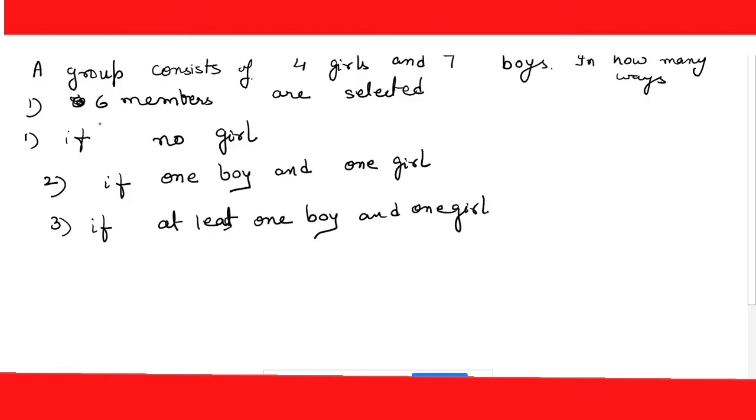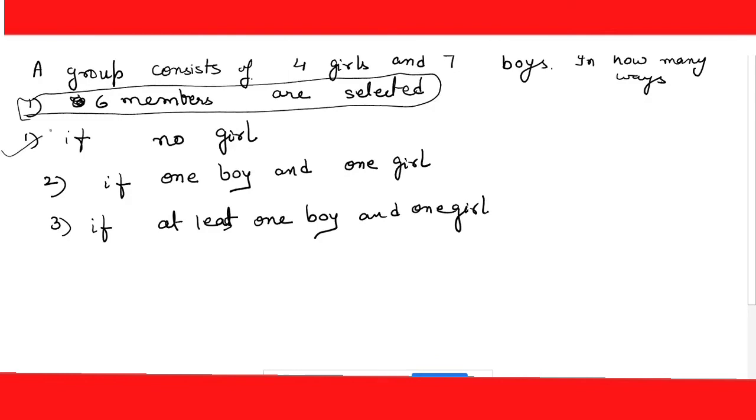How can you solve the first one? 7C6, because no girl is there.